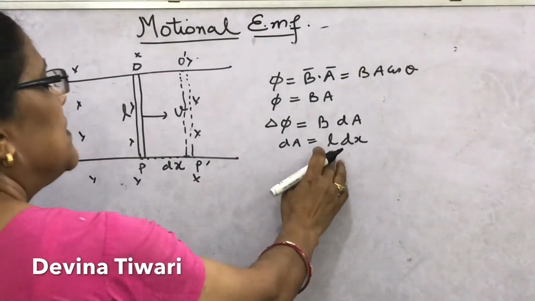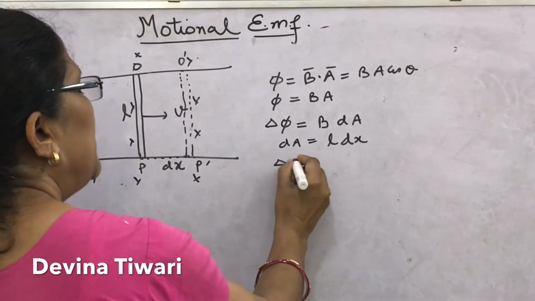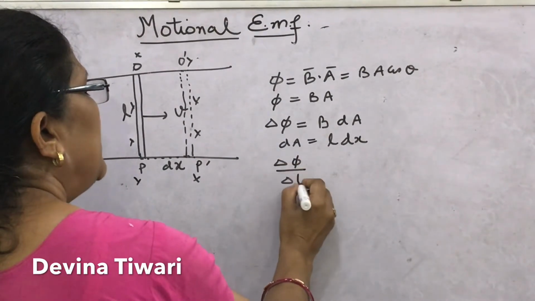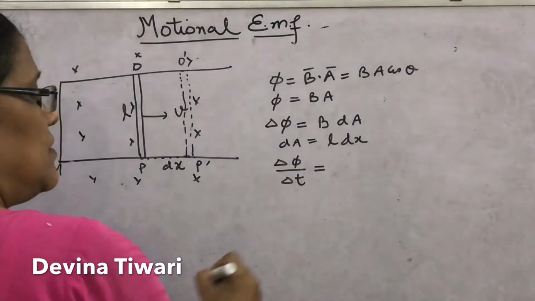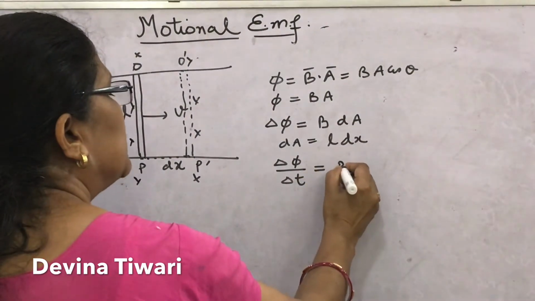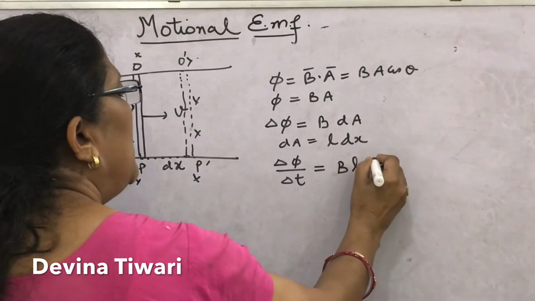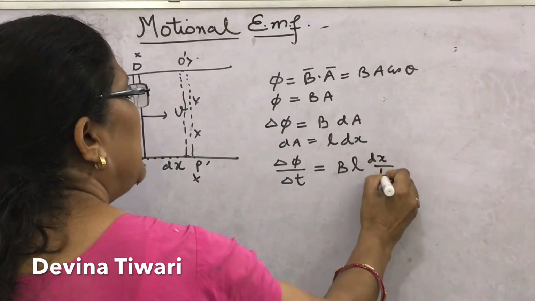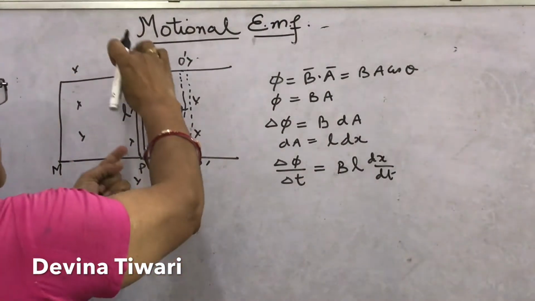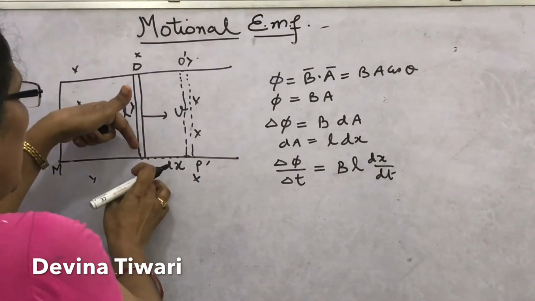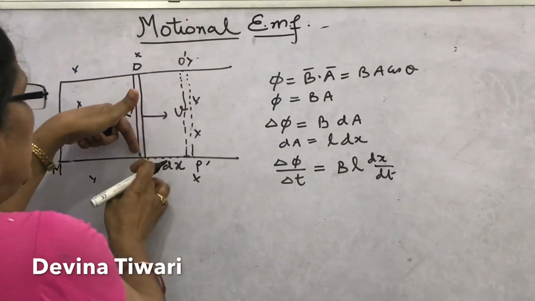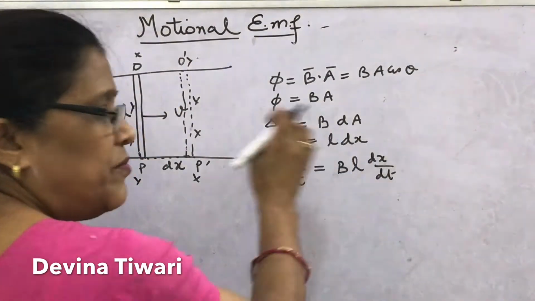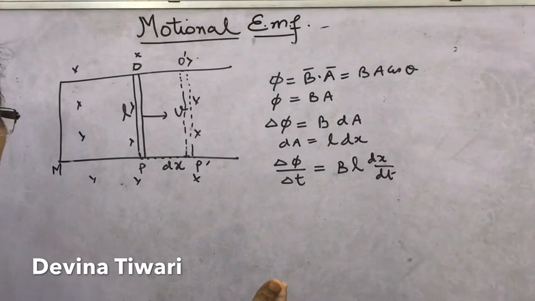If we write L dx, what will be delta phi upon delta t? This will be B L and here dx by dt. That is, the rod is moving and it has covered the distance dx in the time dt. What is dx by dt?